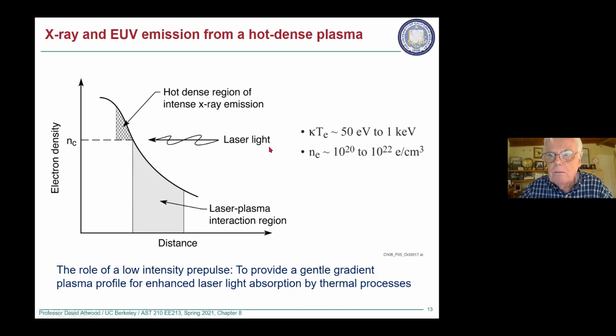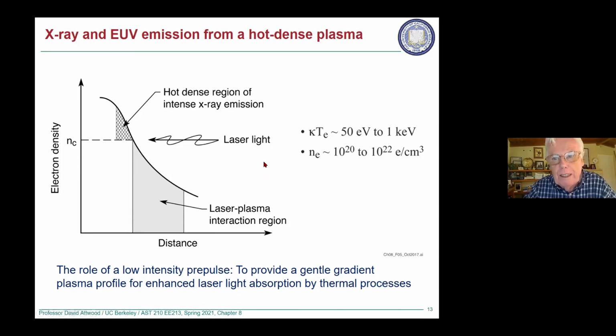And these are some typical numbers. The laser fusion studies in general, or in early days, and perhaps even now, use neodymium light at 1 micron. They actually use frequency doubled and frequency tripled, so 1/3 of a micron.